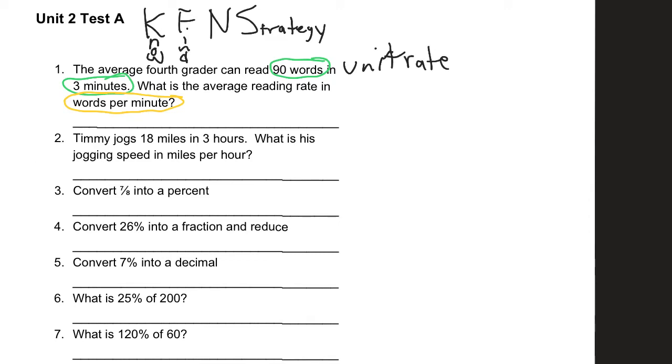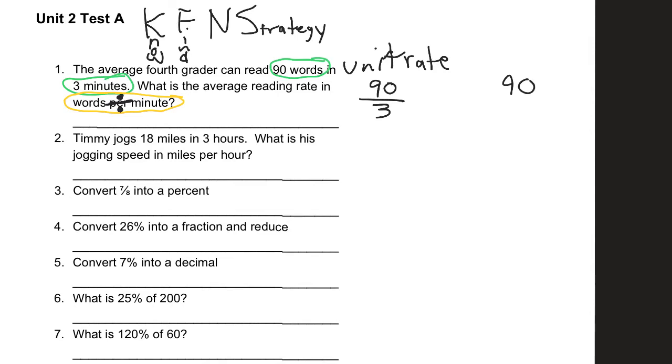Okay, so I'm looking for a unit rate, and one of my strategies is, when I see the word per and I'm doing unit rate, I can just cross that out and make a division. So I'm doing words divided by minutes. Okay, well, let's figure that out. What is that? Oh, 90 words divided by how many minutes? 3. So what is 90 divided by 3?